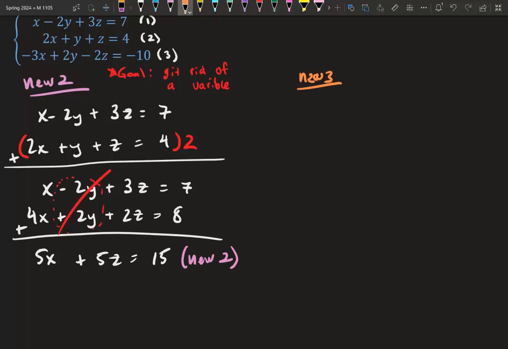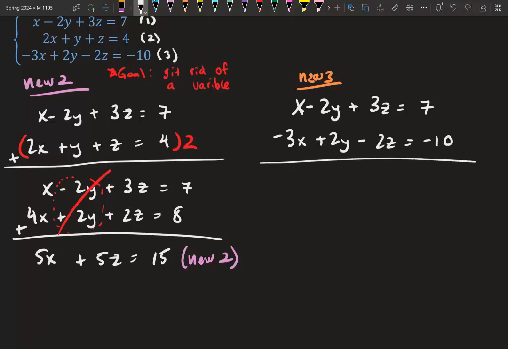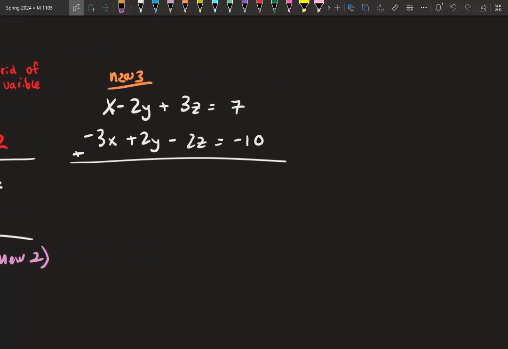So for new 3, you take equation 1 and equation 3. So when we found new 2, we got rid of y. That means you have to get rid of y. Whatever you do first, you have to repeat the steps for new 3.